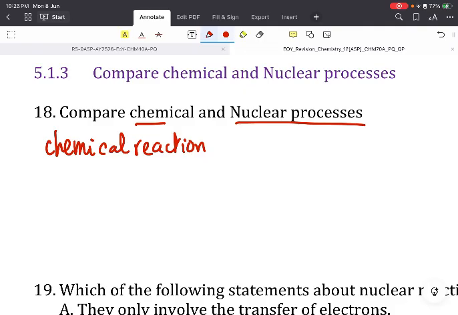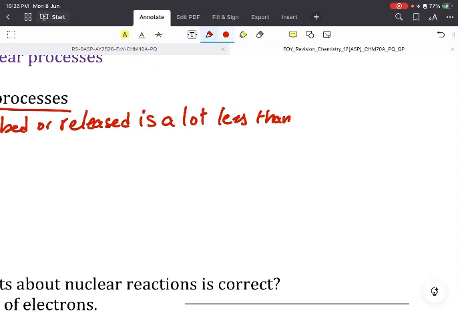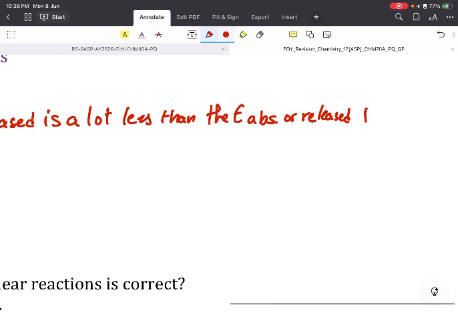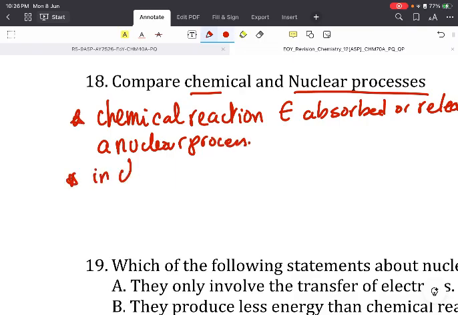So in a chemical reaction, the energy absorbed or released is a lot less than the energy absorbed or released in a nuclear process. That's one.